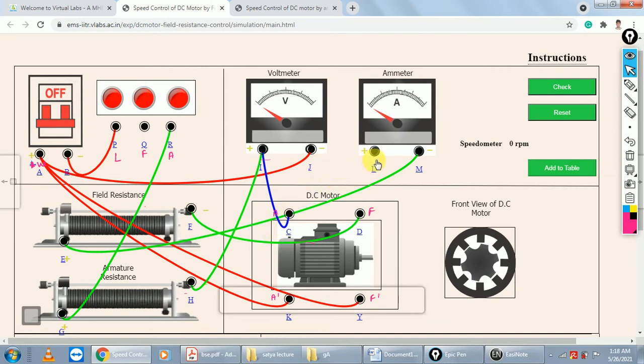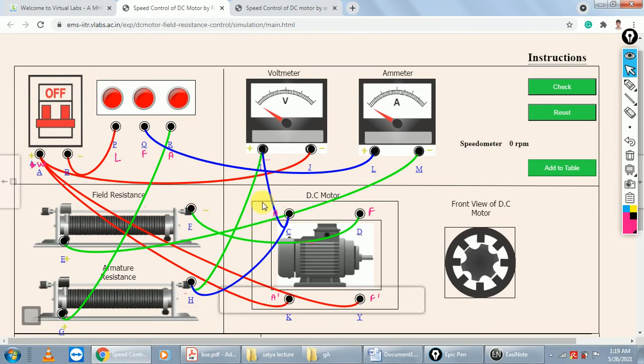Okay, and next, this A terminal connects to this H terminal, and last, this F terminal is connected to this ammeter.